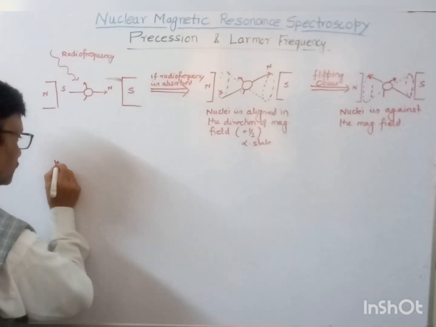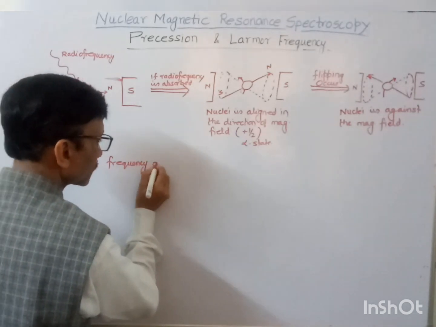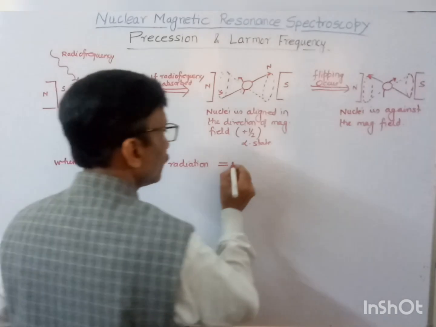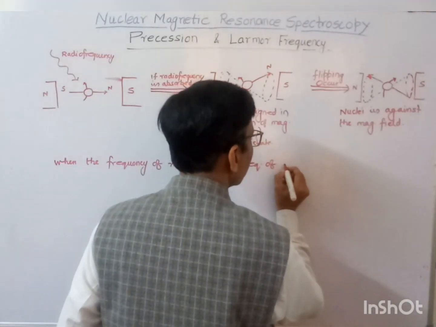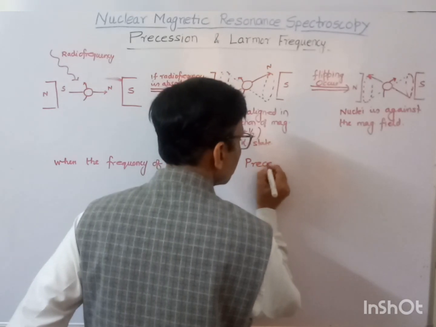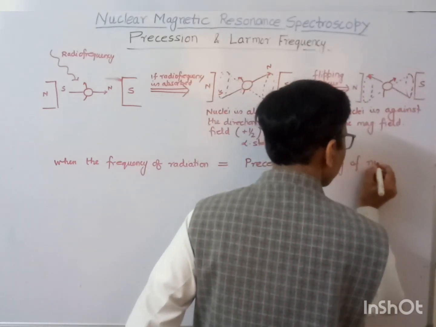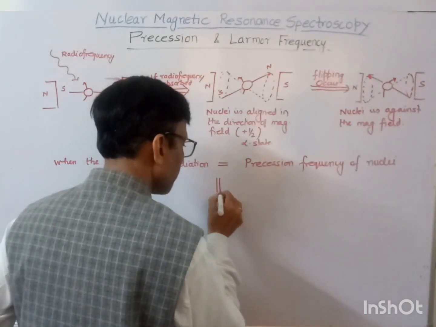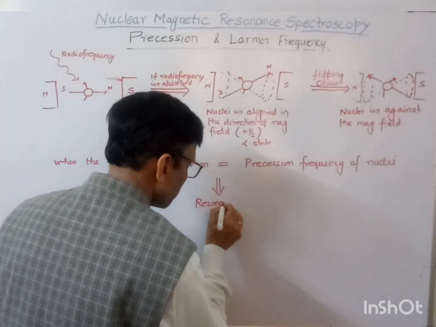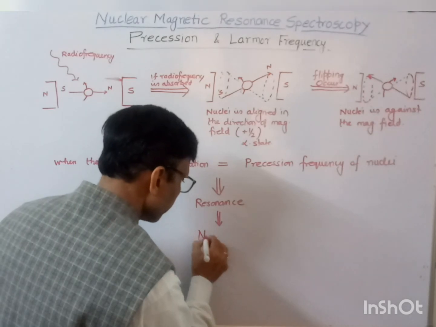So when the frequency of radiation or radio frequency becomes equal to the precessional frequency of nuclei, then only resonance takes place, and when resonance takes place, it means the NMR signal appears.